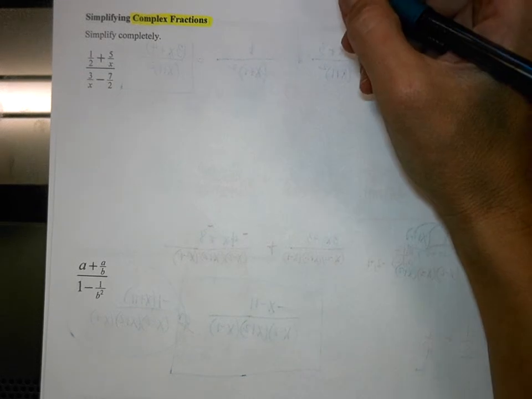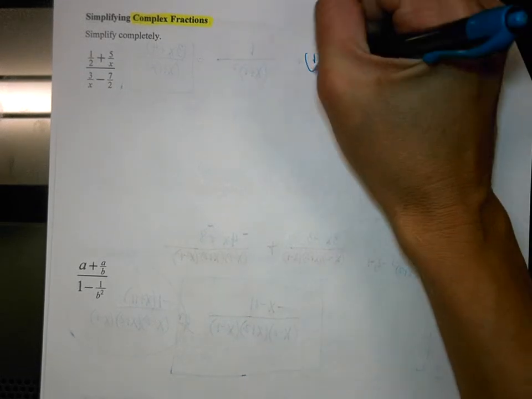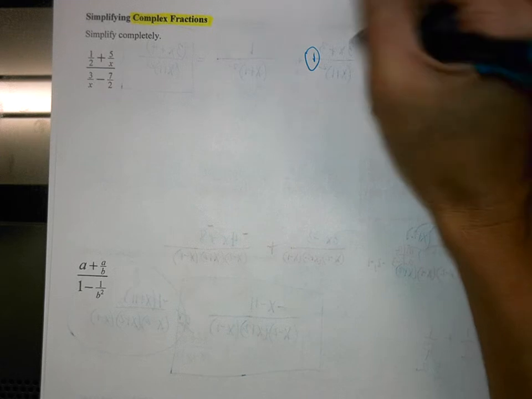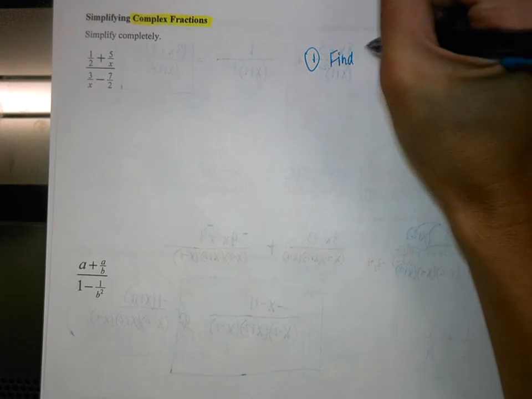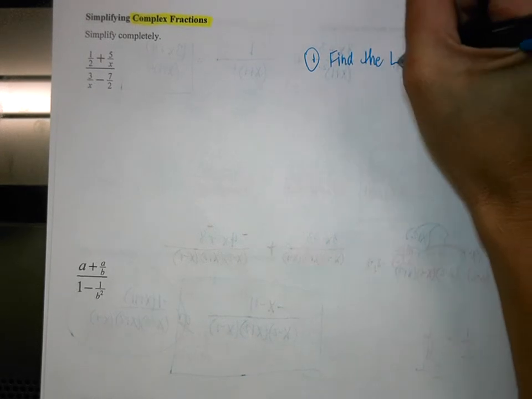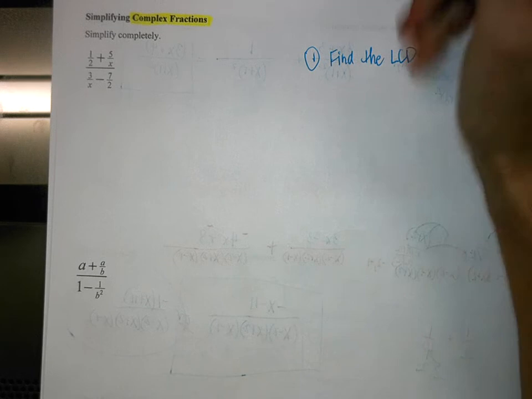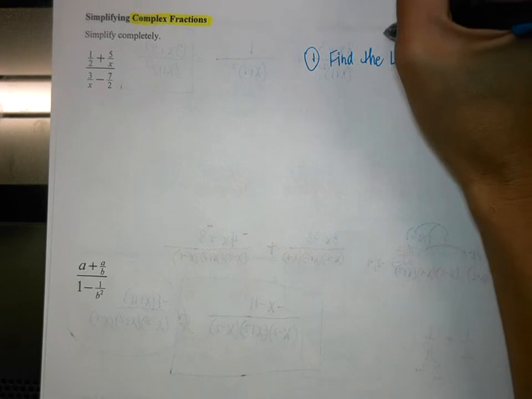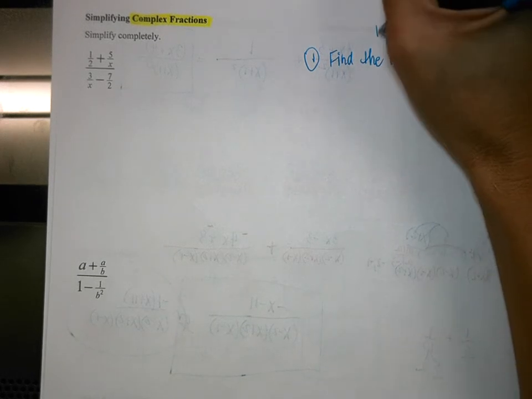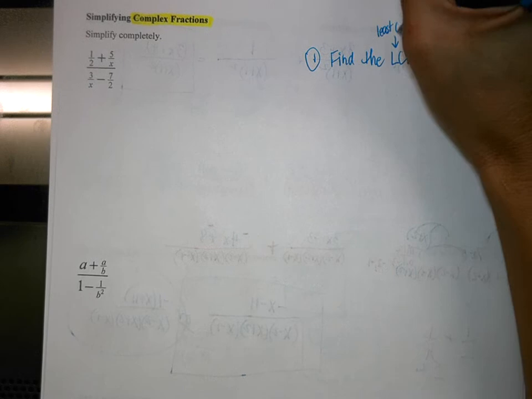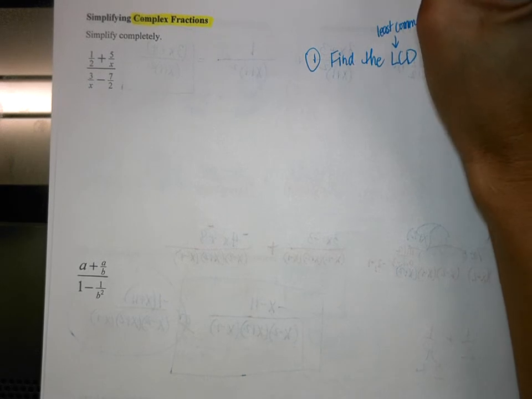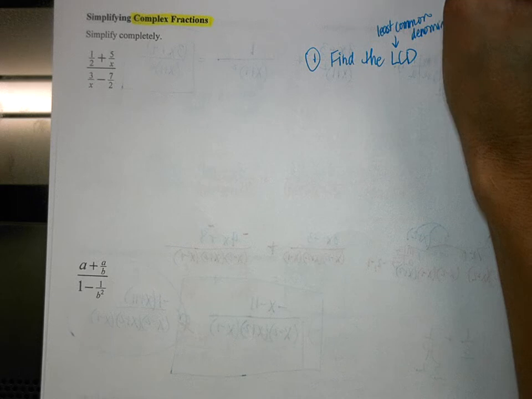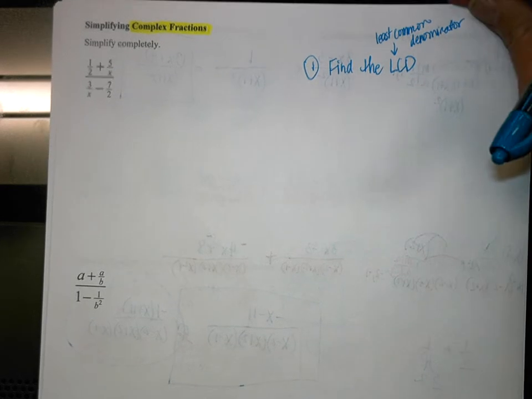Step 1. Find the LCD. What does that mean? If you don't know what that means, I'm going to write it here. Least common denominator. Okay, so find the LCD of the entire problem.